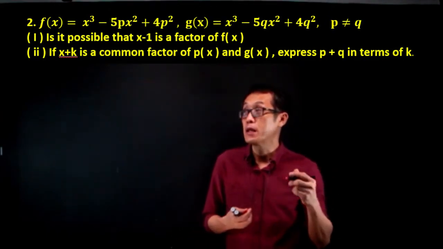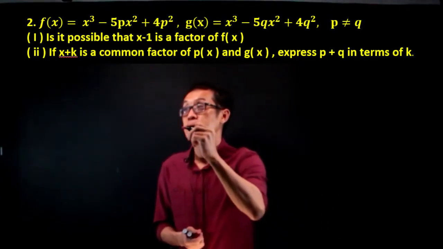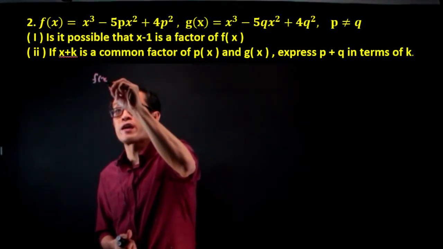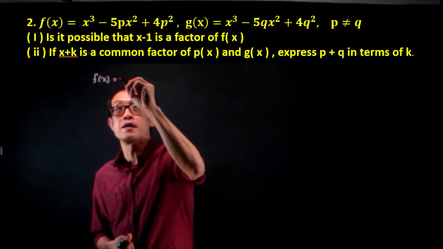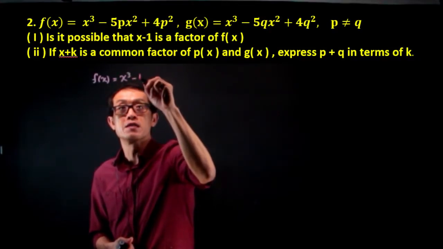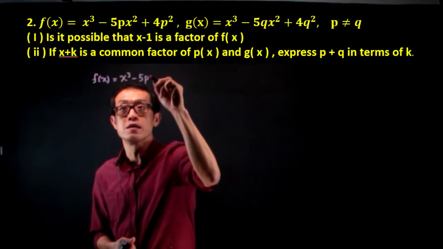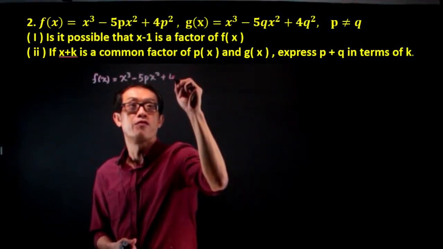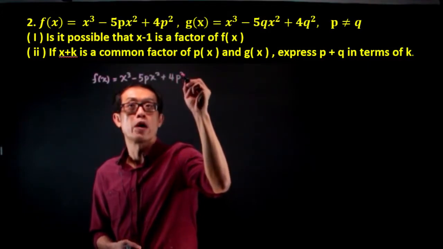Now let me copy down the two expressions first. So you have f of x is given by x cubed minus 5p x squared plus 4p squared.